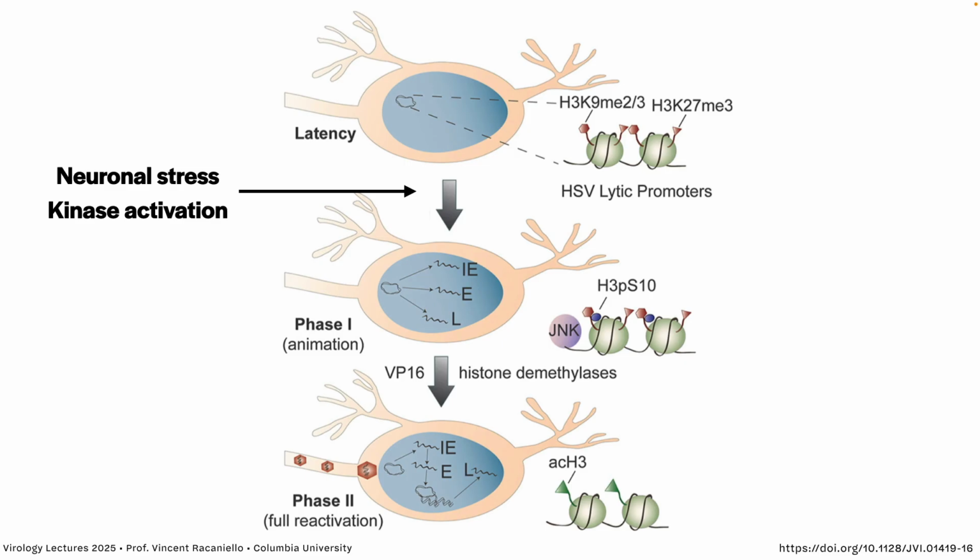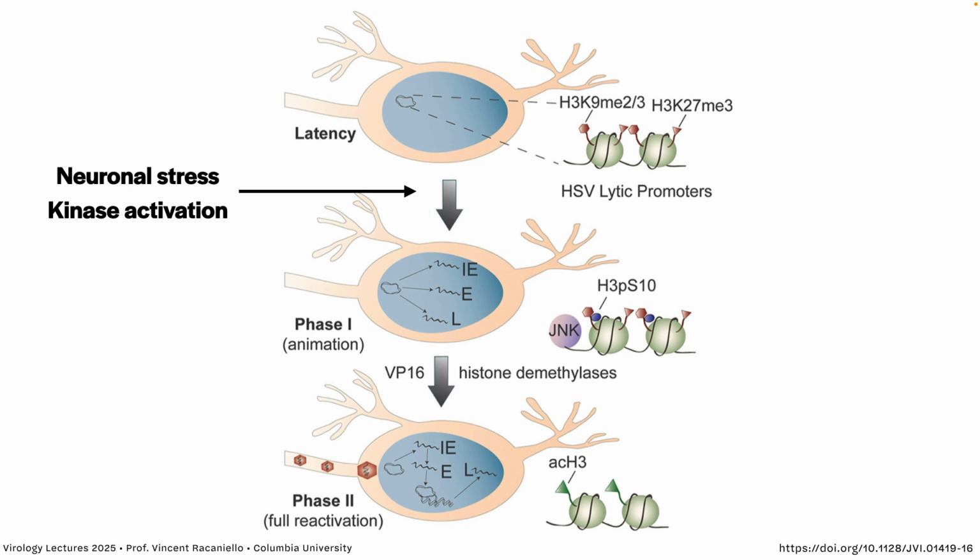So that ensures that VP16 is made, and that can start the transcriptional program. So it's that phosphorylation by this kinase, a neuronal stress kinase called JNK, which does the job. And then histone demethylases are made, which remove the rest of the repressive marks, and then you can get full transcription and eventually virus particle production.